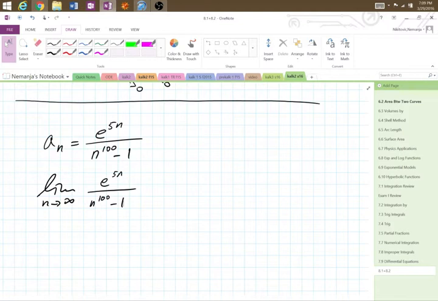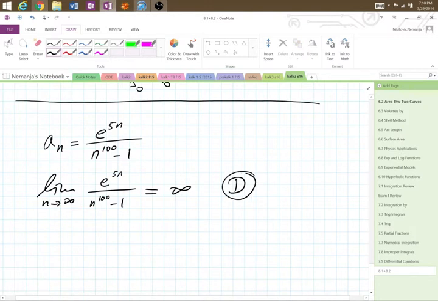So what's the answer? We have a faster growing function divided by a slower growing function, which means the answer is infinity, which means it diverges. So this one is infinity, so we have divergence.